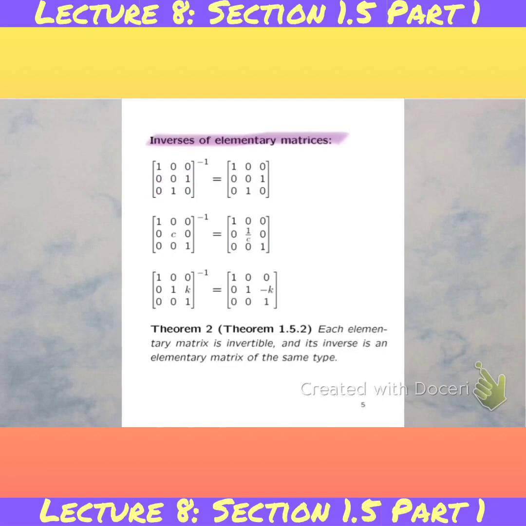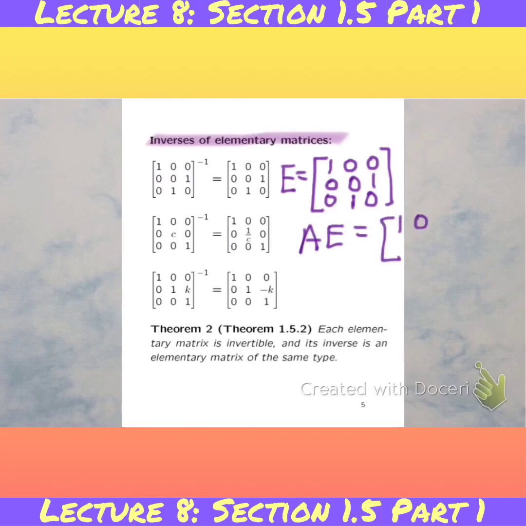So how do we determine the inverse of a matrix? Now recall that the inverse of the matrix E is a matrix A such that A times E is the identity matrix. And not only that, the product in the reverse order also has to hold, and it has to also be the identity.